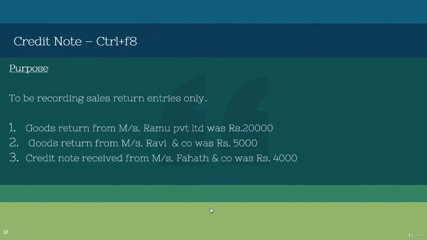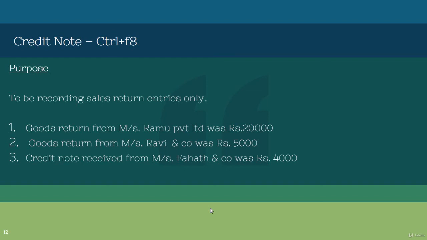This sales return we need to record in our books, so we should use the credit note voucher. For example, goods returned from Rama Private Limited 20,000, goods returned from Ravi company 5,000, credit note received from Fahad company 5,000.